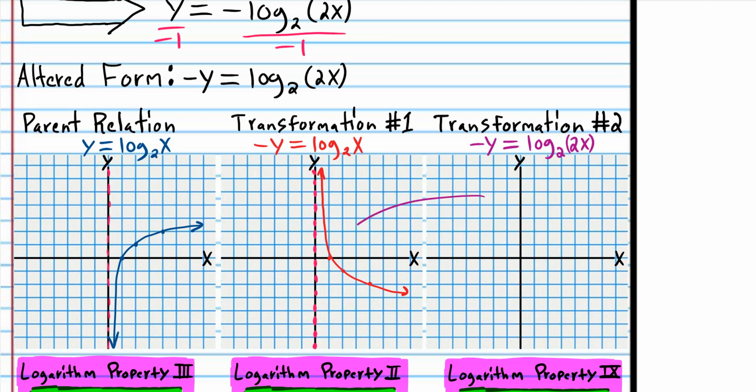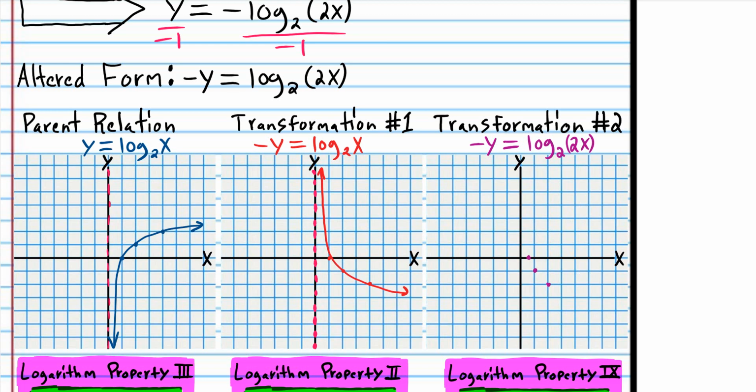So this point here has an x value of 1, so it becomes 1/2. This point here has an x value of 2, so divide by 2, we get 1. All the y values are staying the same, we're just changing the x values. And this point here has an x value of 4, so that new x value is going to be 2.